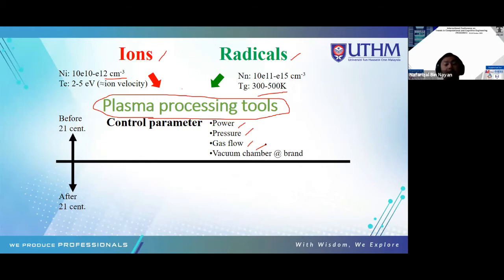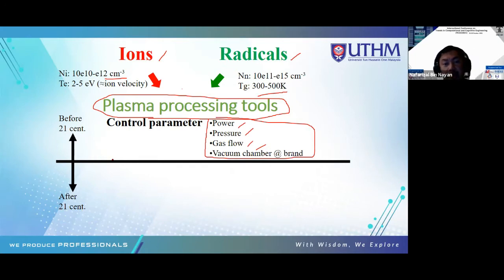This is how we control the parameters in order to optimize the plasma as a tool for microelectronics or other applications. These control parameters are the most common basic ones, but we believe that one is from before the 21st century.